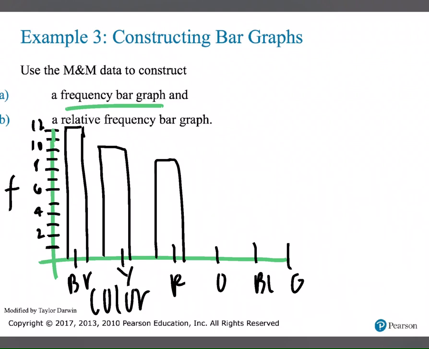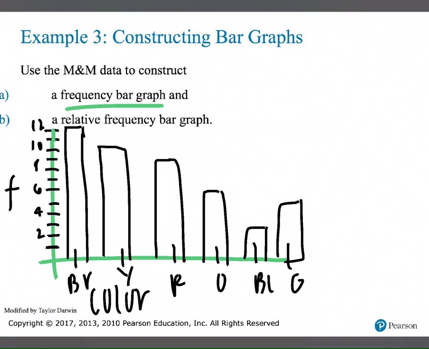Orange had 6. Try your best once again. May not be perfect, but as long as it's pretty close. Blue had 3 and green had 5. And so that's our bar graph for our frequency data.